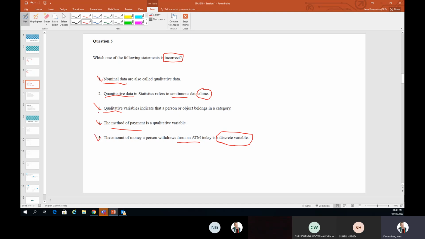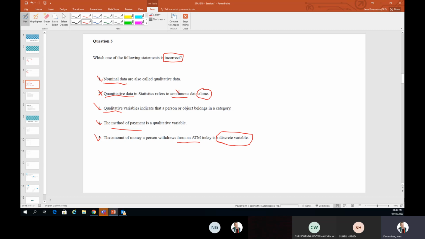The thing where I wanted to catch you out is in option 2: continuous is a quantitative variable. So that is actually right, but there are more. We know that discrete, and ratio or interval, are also quantitative variables. That is why number 2 is the wrong one, because it's not only the continuous.